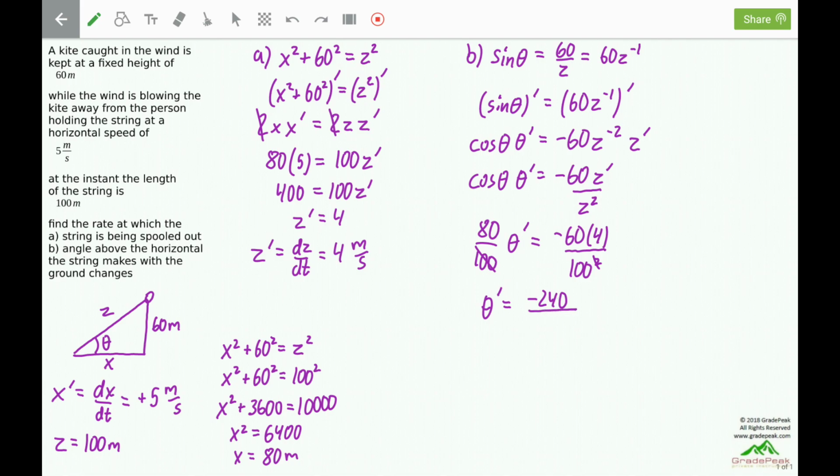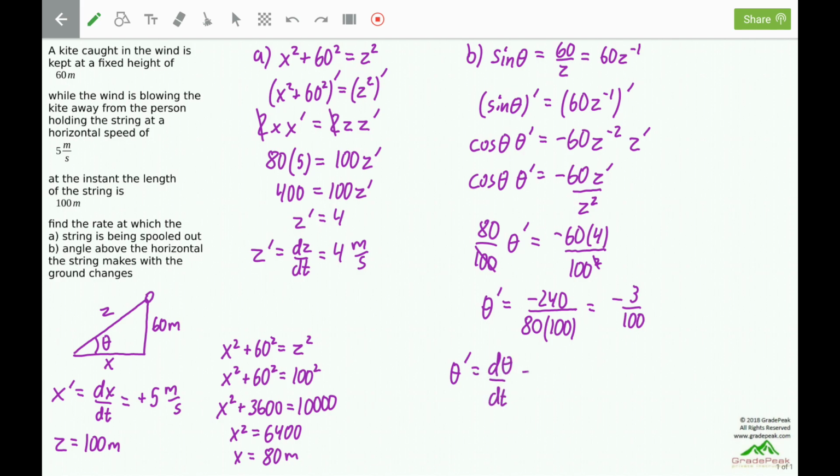And then I'm going to be dividing both sides by 80, so there will be an 80 in the denominator as well as the 100 that is still there, since only one of them canceled. Now, instead of multiplying the 80 by the 100 and reducing from there, we can divide the 80 into the 240, and that will give us a negative 3 over 100. 240 divided by 80 is 3. This cannot reduce any further.